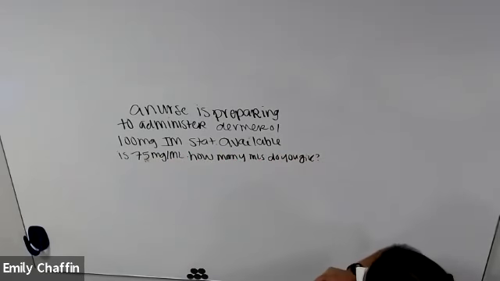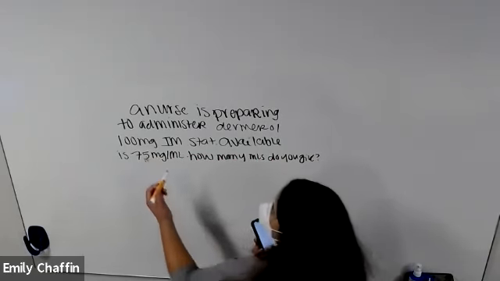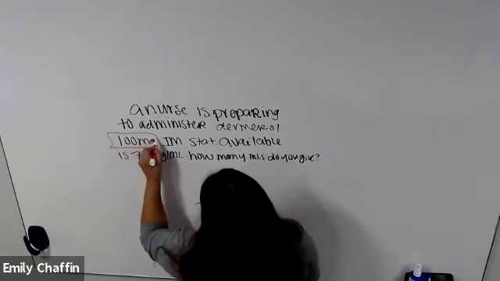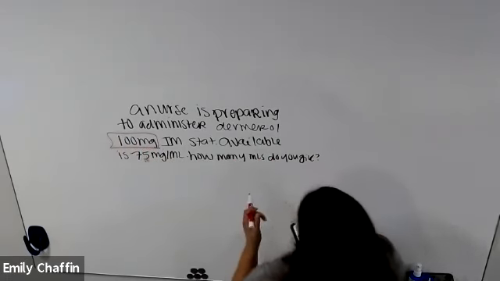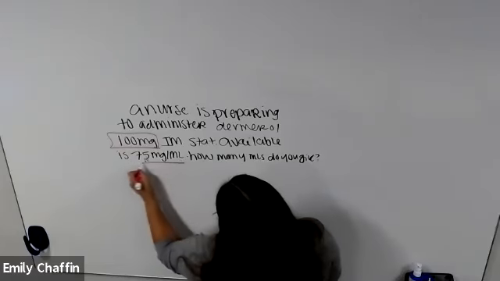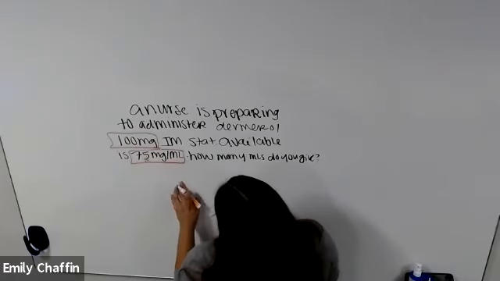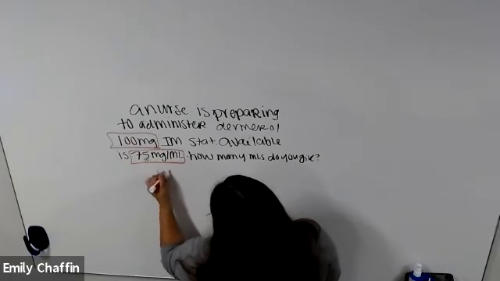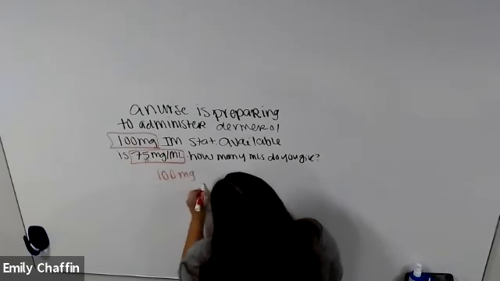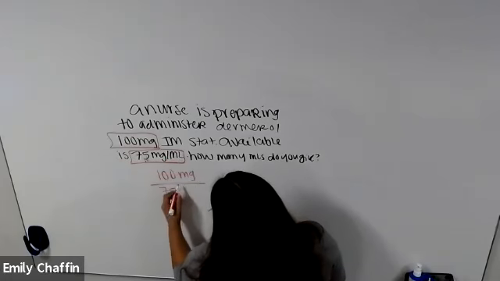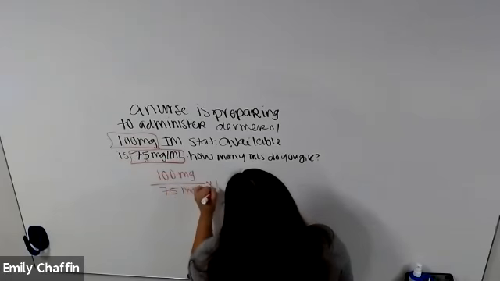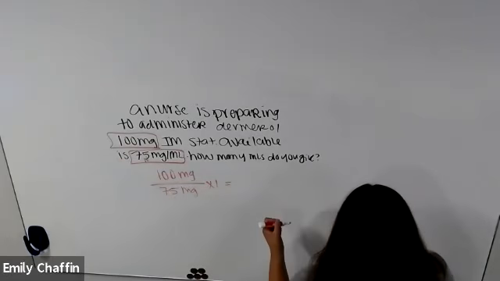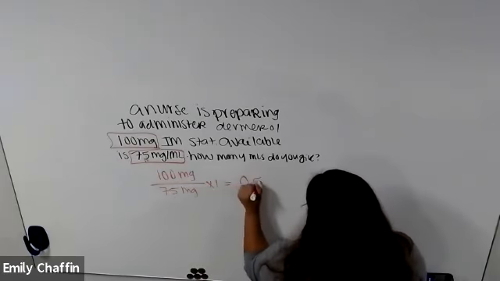Okay, so for here, it's the same thing as the other problem. This is your order. This is what you desire to give your patient, 100 milligrams. And then what you have available is 75 milligrams per 1 ml. Even though this just says ml, it's considered 1. So you have 100 milligrams divided by 75 milligrams times 1, which then you should get 0.5.